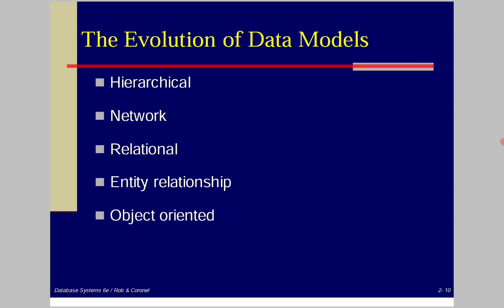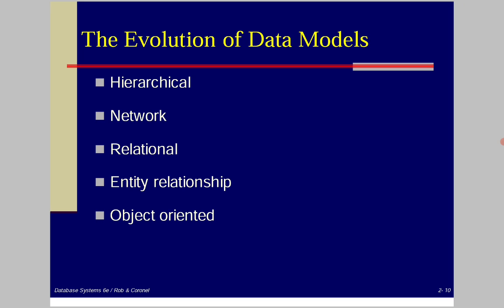Now the evolution of data models. How are the data models formed, or how are they evaluated? Basically, the basic types of data models are five types.